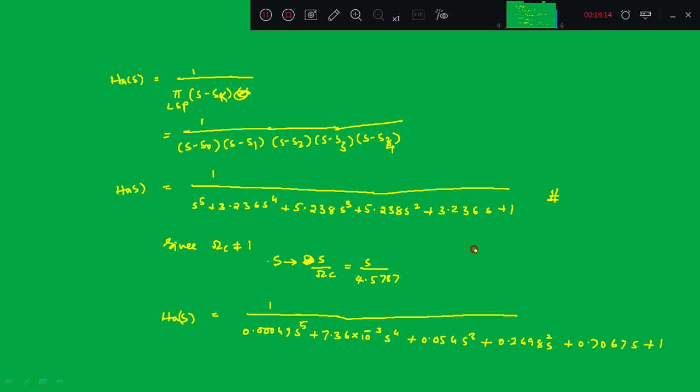But omega c is not equal to 1 radian per second, it is not normalized. The calculated cutoff frequency omega c is not equal to 1 radian per second, because we got 4.5787 something, right? That's why you have to apply the low pass to low pass transformation.